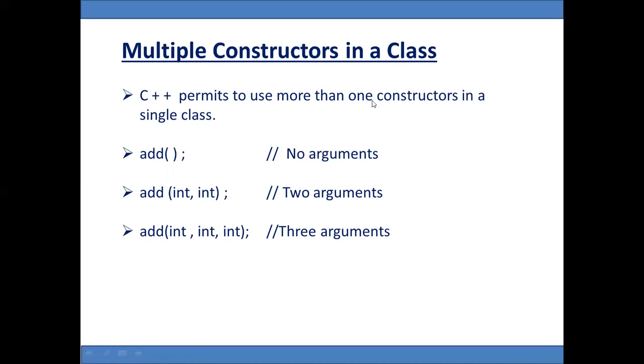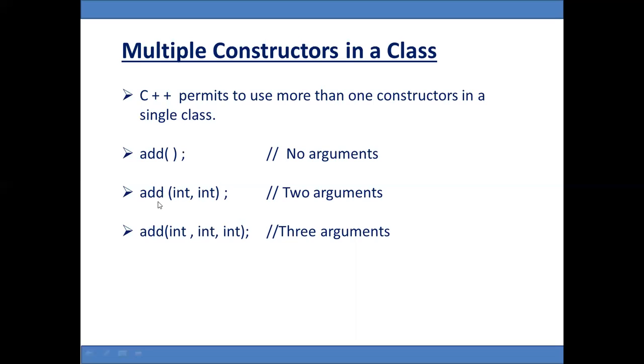More than one constructor in a single class. For example, in the last example, only one constructor was used. In this program, three member functions are used. The first example has no argument.